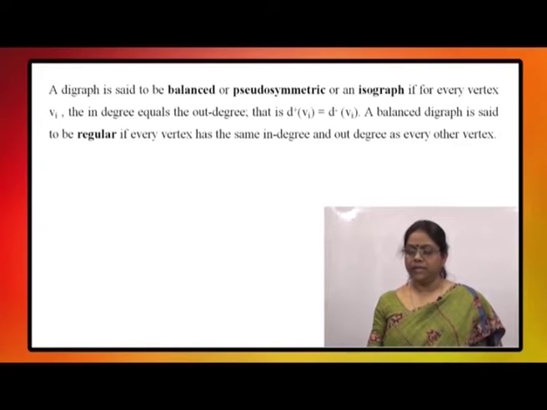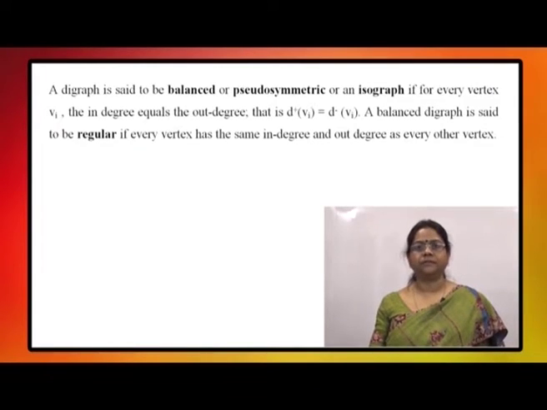So this is true for each vertex: in degree is equal to out degree, d plus vi equal to d minus vi. And a balanced digraph is said to be regular if every vertex has the same in degree and out degree as every other vertex.